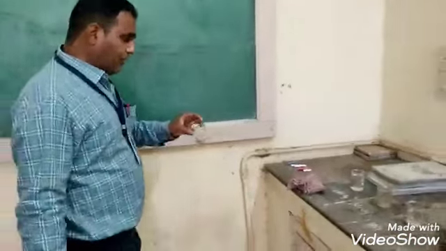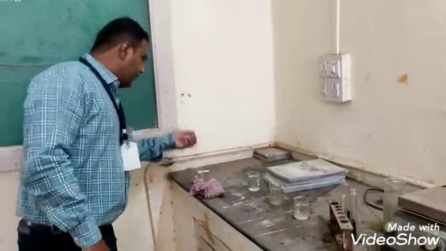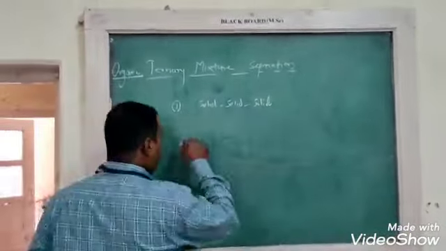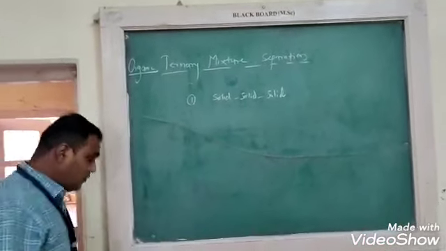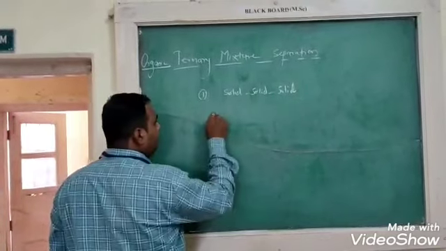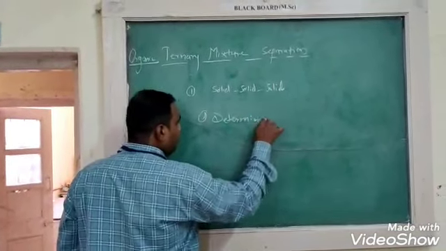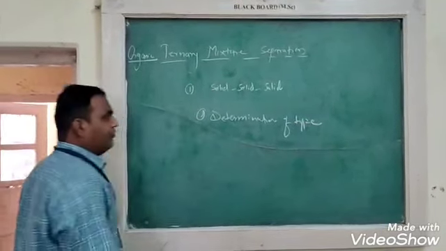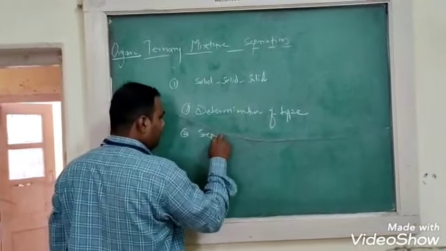For the determination of this mixture, we have to remember one thing. In the case of a solid mixture, we have to first determine the type of the whole mixture, and then separate the mixture.